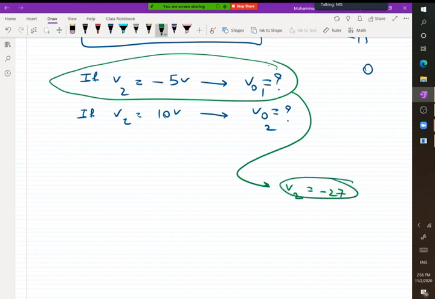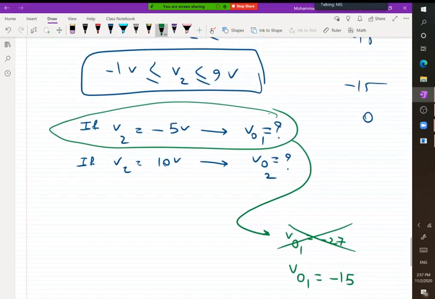The minimum VO is negative VCC. It cannot go beyond negative VCC. So this one is not correct. We said that the circuit will be saturated at negative 15. So VO1 is negative 15 because it cannot go beyond negative 15.